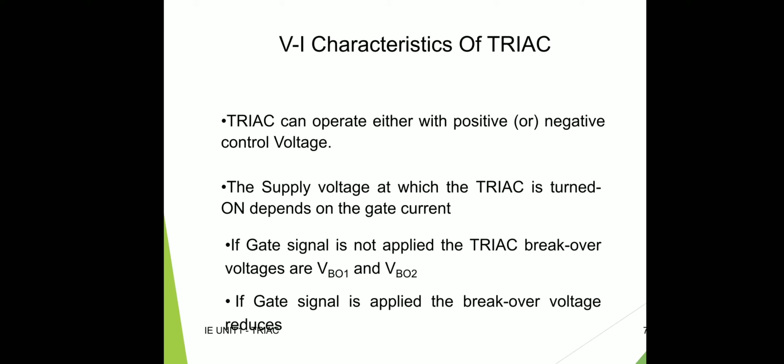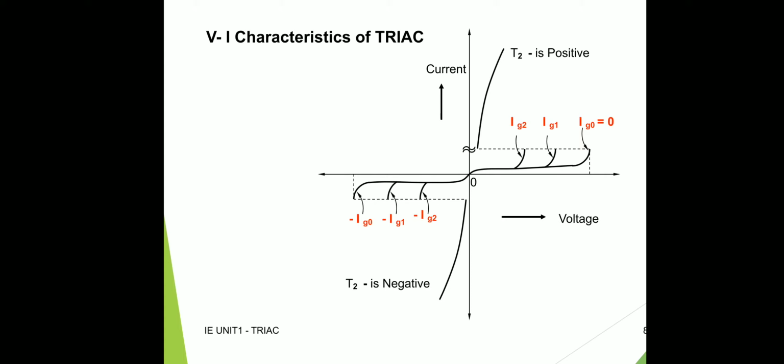What is breakover voltage? It is the voltage at which the junction breaks and the device comes into the on state, the conducting mode. This breakover voltage reduces with the applied gate signal. If the gate signal keeps increasing, this breakover voltage reduces. This you can observe in the characteristics.